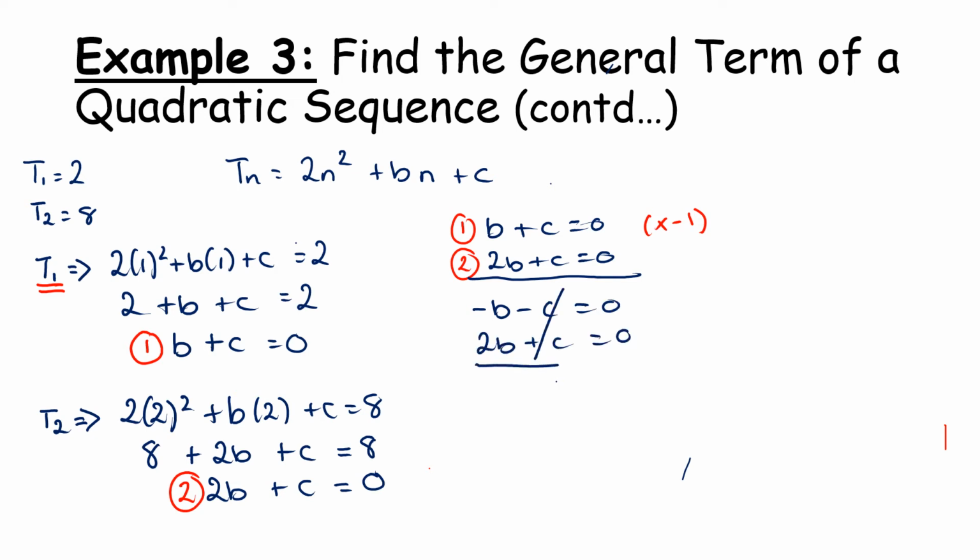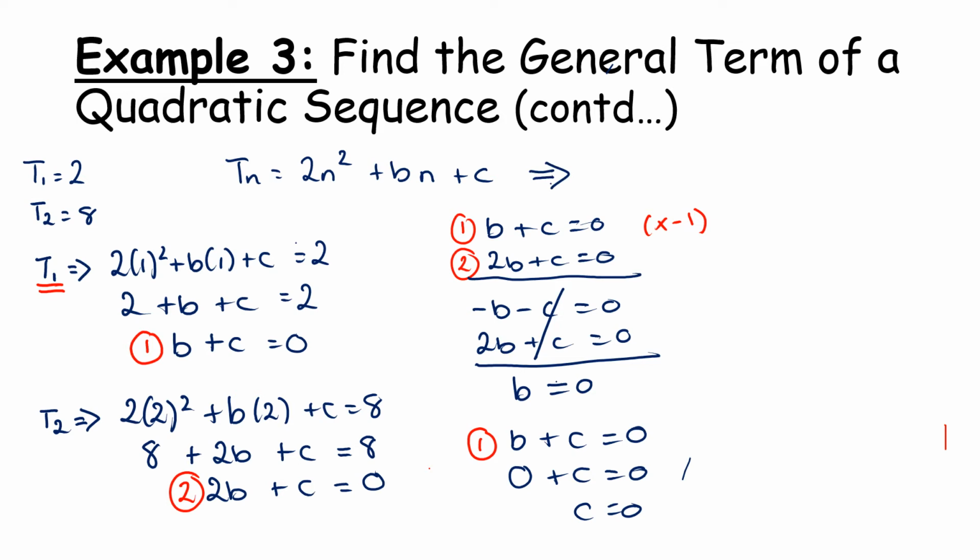Our c's eliminate and I'm left with b equals 0. I go back to equation 1 and I say b plus c equals 0. So if b is 0, then c must also be 0, which gives us our final answer of Tn is simply 2n squared plus 0 plus 0, which we don't need to put in, but it just gives us Tn is equal to 2n squared.